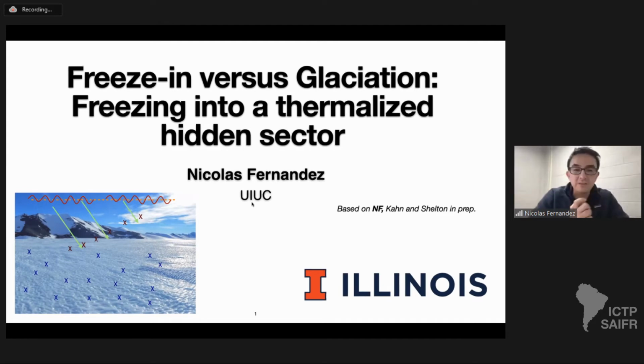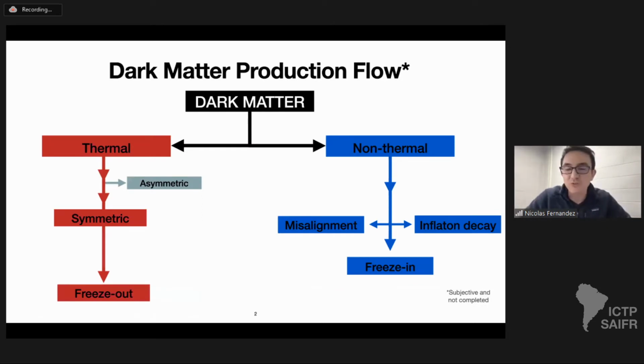So let me start with some kind of dark matter production flow chart, or at least this is how I sometimes see how dark matter is produced. You can have different mechanisms, thermal or non-thermal. I'm just putting here the most famous ones.